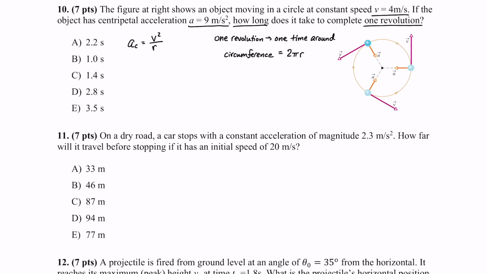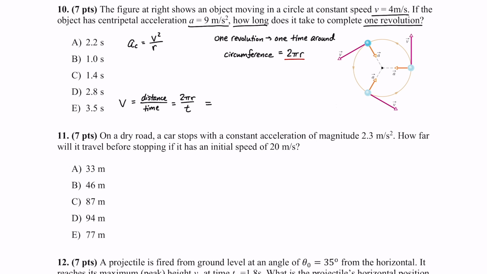So what do we actually need to solve for? We're asked how long does it take to complete one revolution? Another way of saying this is how long does it take for our object to move a distance of 2 pi r around the circle. We can think of speed as distance divided by time, or in terms of variables, 2 pi r divided by t.